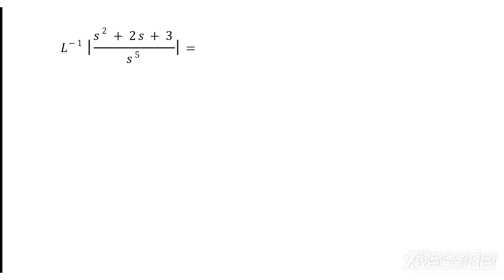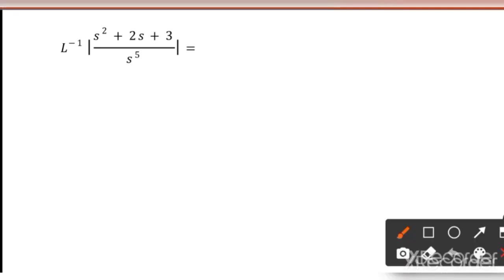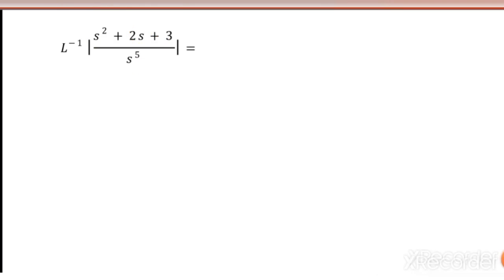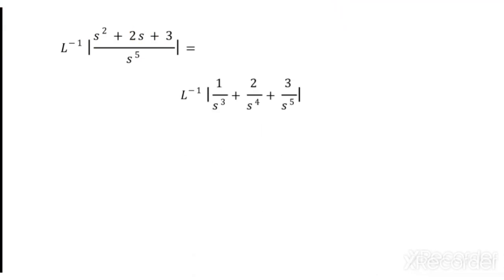So here I have to simplify. This is the easiest one, so I can split term by term. I have s square by s power 5, 2s by s power 5, 3 by s power 5. If I split that, what we'll get? 1 by s cube, 2 by s power 4, 3 by s power 5. So 1 by s cube, 1 by s power 4, 2 is anyhow a constant, 2 times L inverse, and here also L inverse term by term you can operate, linearity property, 3 times L inverse of 1 over s power 5.